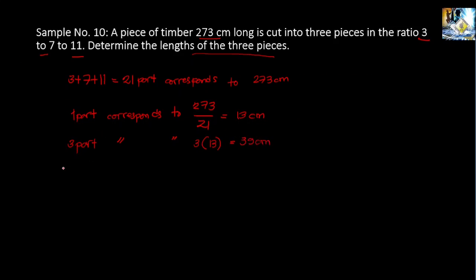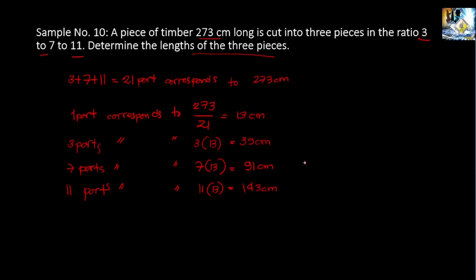For 7 parts, 7 times 13 gives 91 centimeters. How about for 11 parts? 11 parts correspond to 11 times 13, which is equal to 143 centimeters.